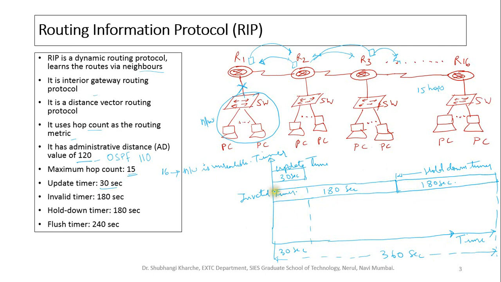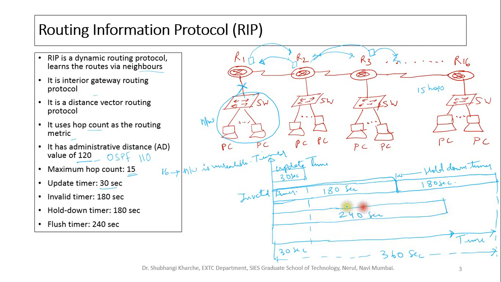Now once the route is defined invalid during the invalid timer period, the entry to that invalid or failed route should be flushed from the routing tables, and it is flushed by the routers during the interval of 240 seconds.